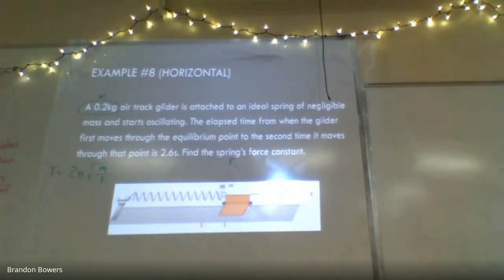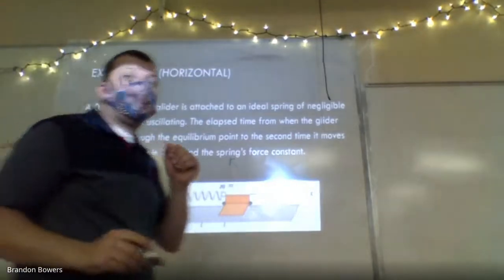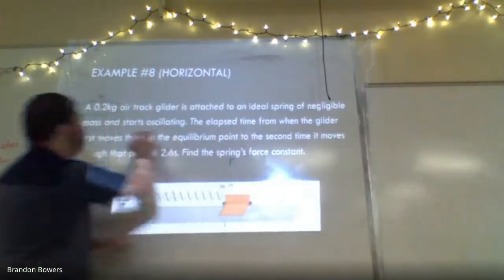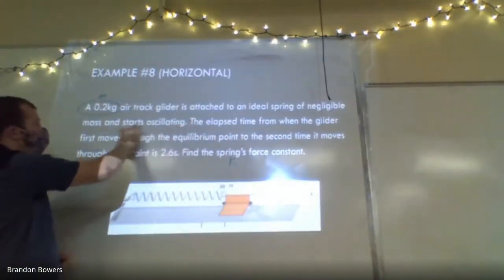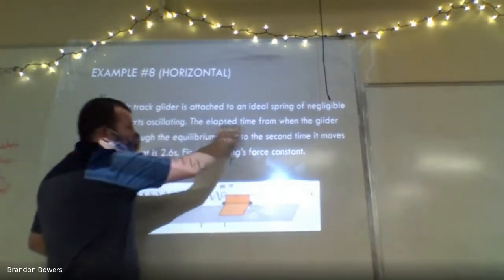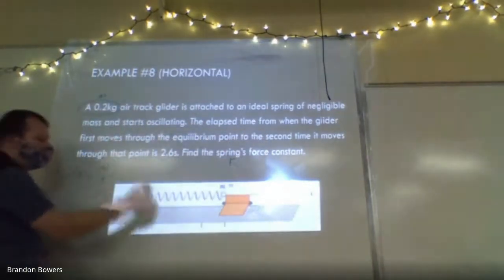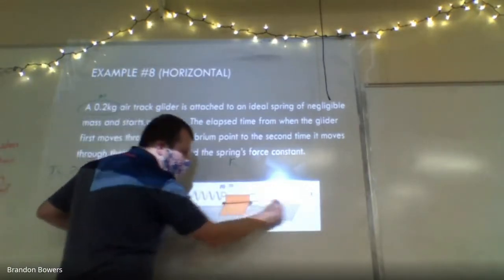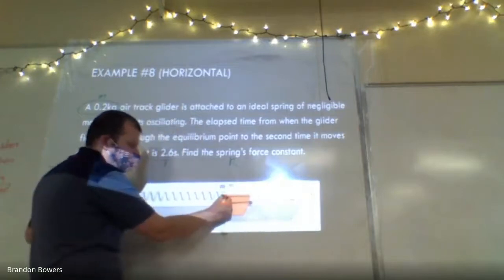Now, the trick in this question is, did we read it carefully? The time is half. The elapsed time from when the glider first moves through, let's say this is my equilibrium right here, and comes back a second time, is that a full wave?